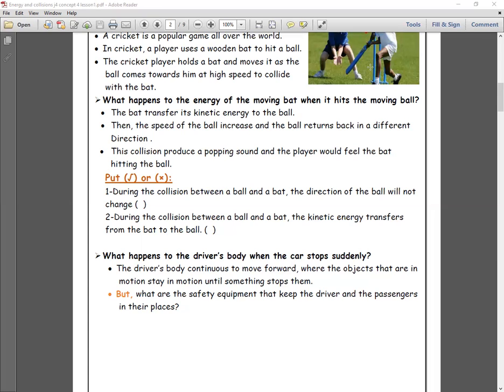If we are inside the car and the driver stops the car suddenly, this means that the speed of the car will decrease to zero suddenly, not slowly or gradually.